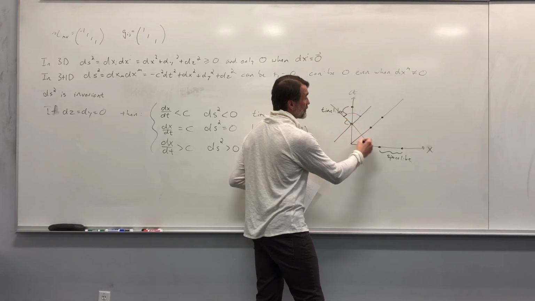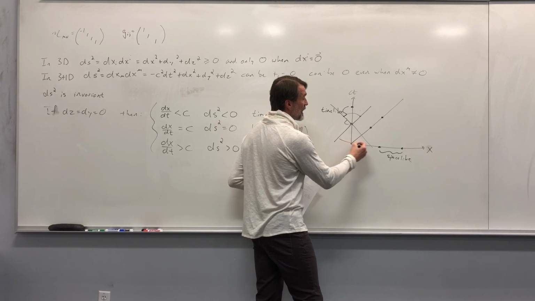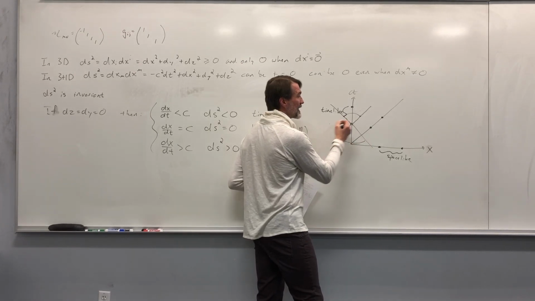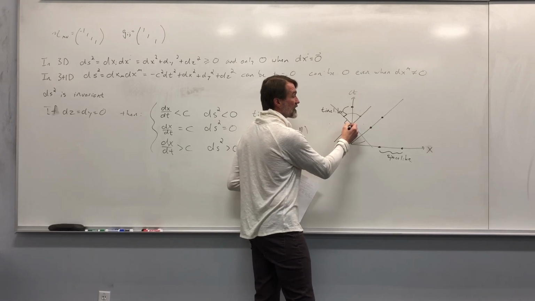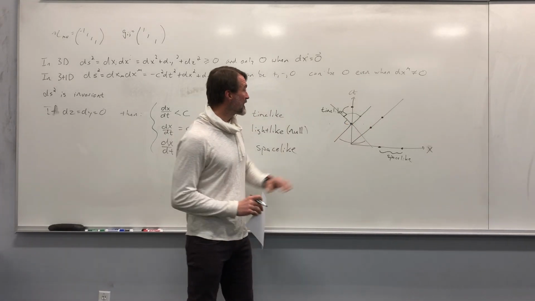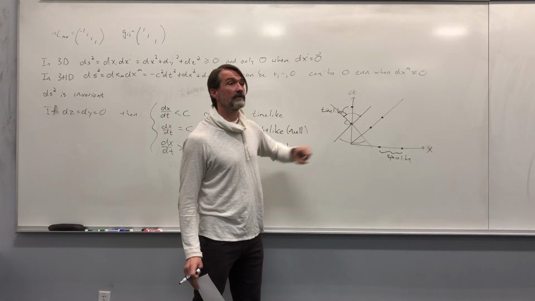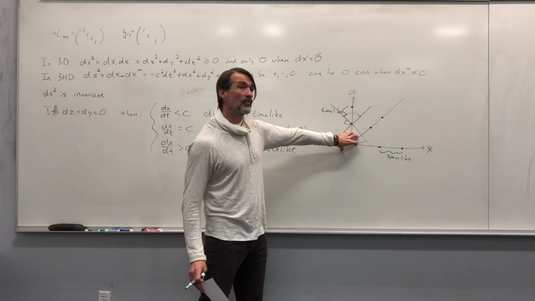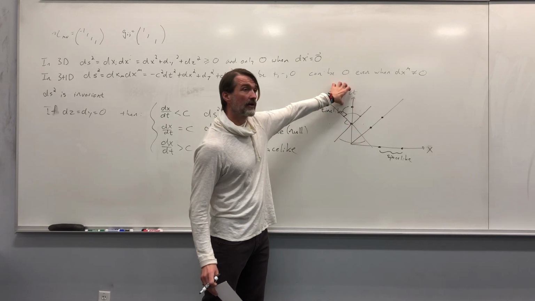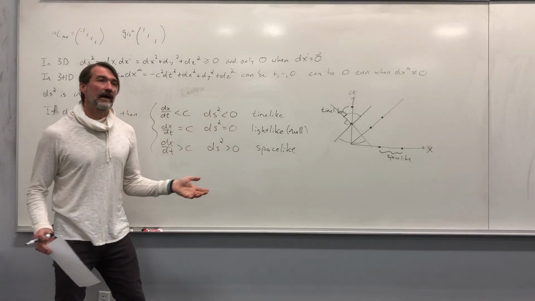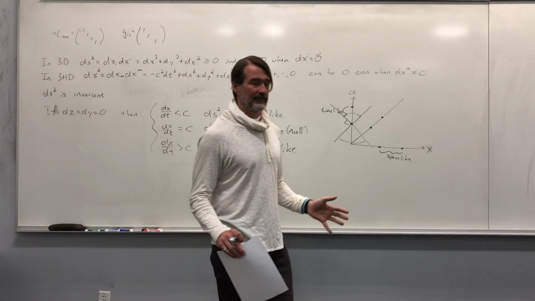Here, continuing it into the past gives you everywhere that could cause this event. And then everything outside of it is not causally connected to that event. Nothing out here could cause or be caused by this event. This is the past light cone, what could cause the event. This is the future light cone, what the event could cause. Does that make sense? We won't use that a lot in this class, but in general relativity, it's hugely important.